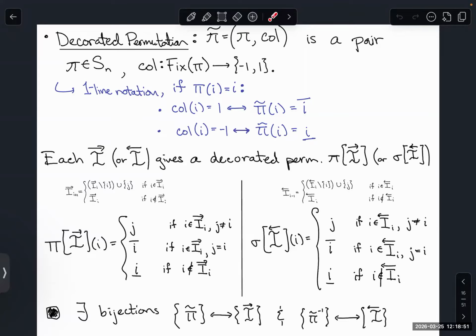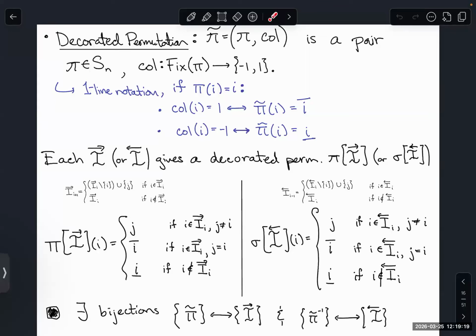To write this in one-line notation, it's typical that if we have a fixed point where i goes to i, and we color i with a 1, we'll write pi tilde of i as overline i. And if our coloring function sends i to -1, we'll send pi tilde of i to underline i.